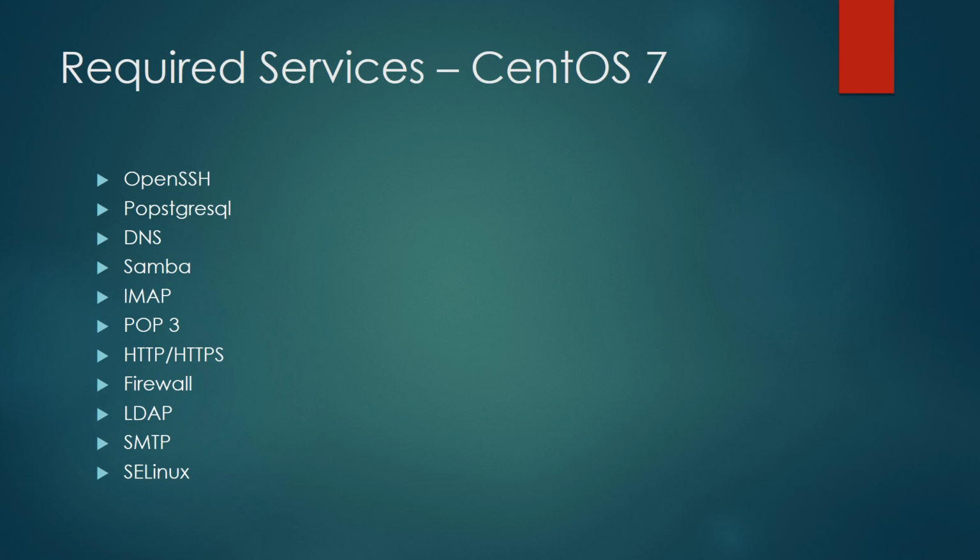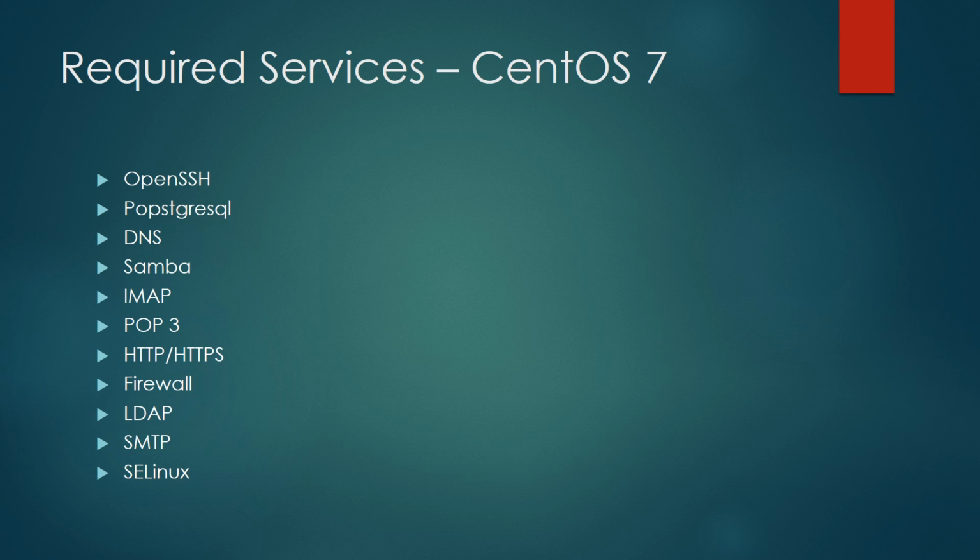The required CentOS services were that we needed to install Postgres or another database. It could have been either Postgres or MySQL, whatever each of us had decided. We also needed a DNS port 53. We needed to install Samba.